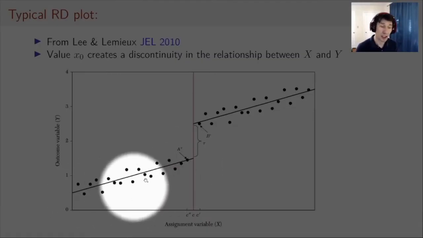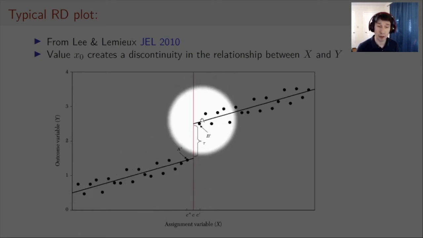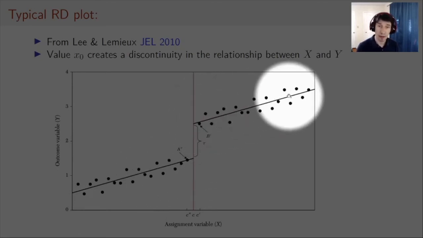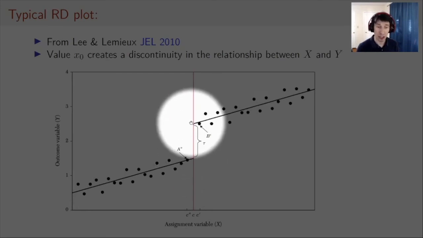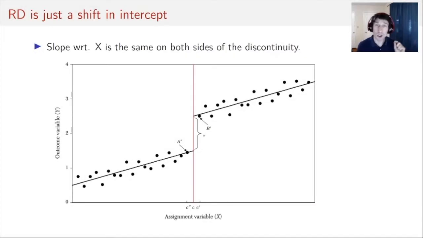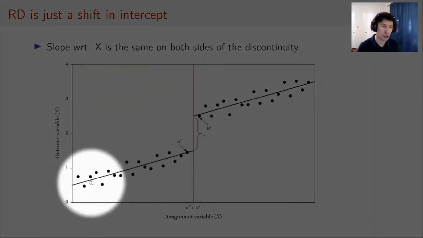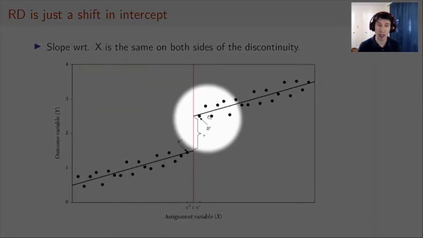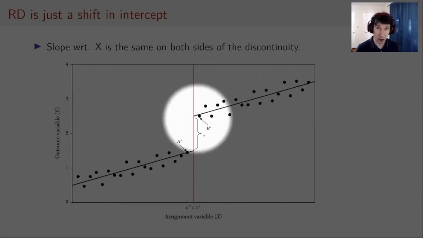So you get a regression line like this below the cutoff, a regression line like that above the cutoff, and this is the regression discontinuity. Now notice that this is just a shift of the intercept. The slope with respect to x, the assignment variable, is the same on both sides of the discontinuity. This is the same beta, only this jump shifts your intercept.